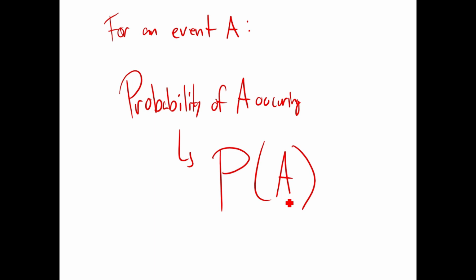The reason we're doing that is I just don't feel like writing probability of A over and over again. It's going to take us forever, so we just shorthand it to P of A.